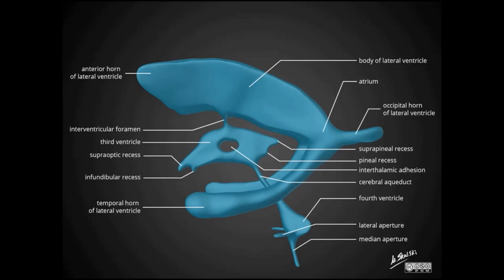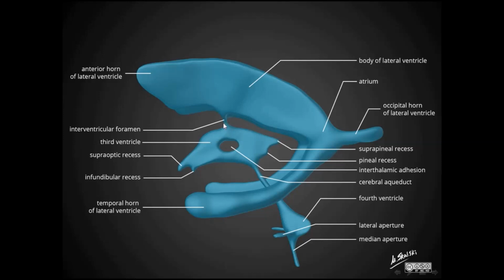This illustration here shows the ventricular system and the interconnections between them. So superiorly we have the lateral ventricles. The lateral ventricles are composed of the anterior horn or frontal horn, which lies within the frontal lobe, the body of the lateral ventricles, the atrium of the lateral ventricles, the occipital horn, which lies within the occipital lobe, or it's called the posterior horn, and the temporal horn that lies within the temporal lobe.